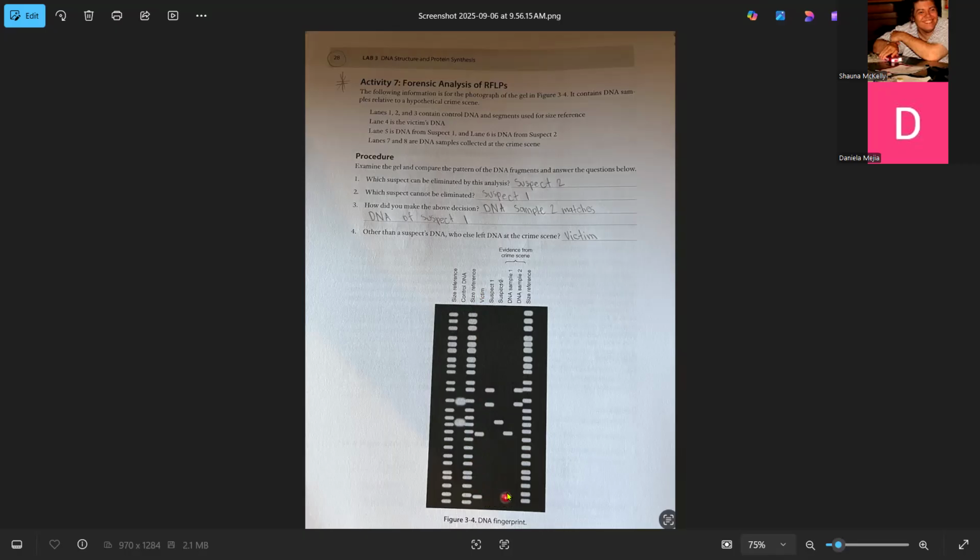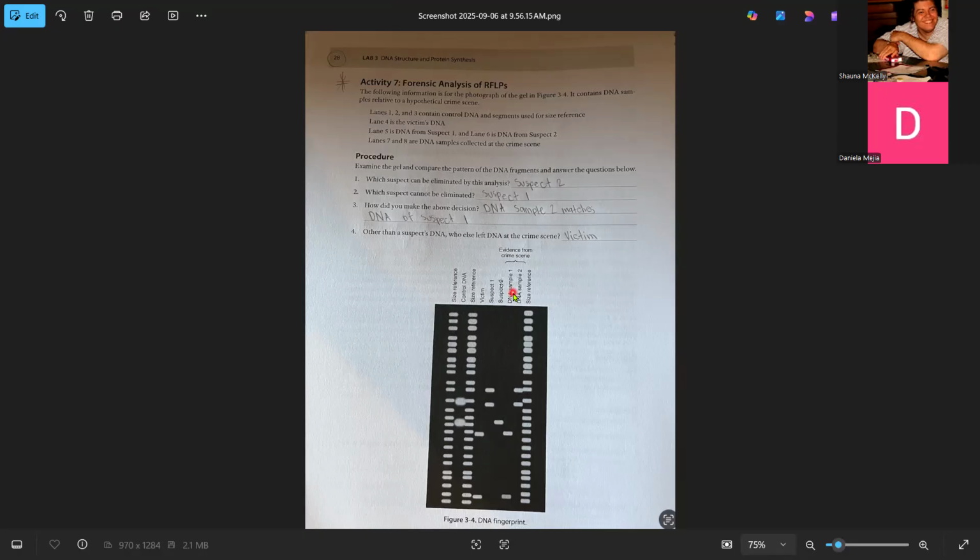So which line is this? Well, this line is suspect 2. So this suspect can be eliminated.